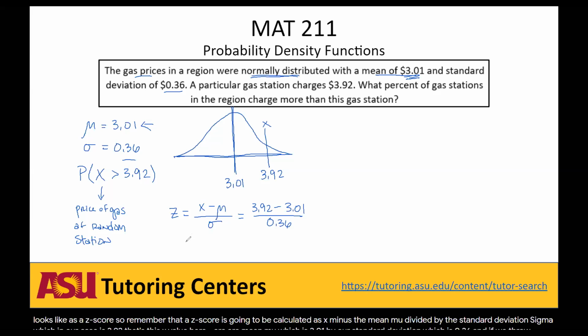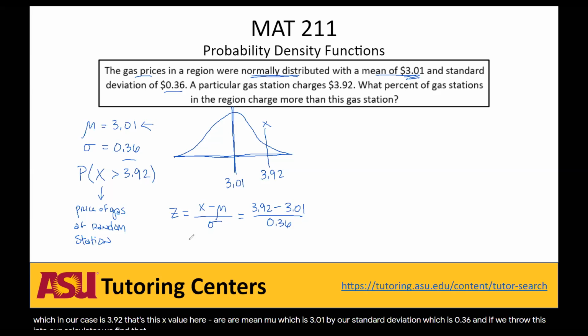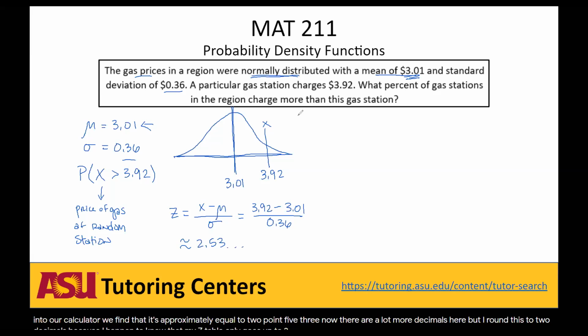If we throw this into our calculator, we find that it's approximately equal to 2.53. There are a lot more decimals here, but I rounded this to 2 decimals because I happen to know that my z-table only goes up to 2 decimal points, as do a lot of them.